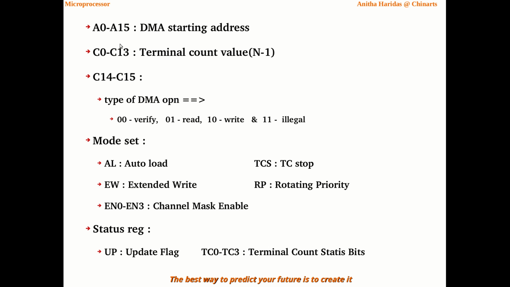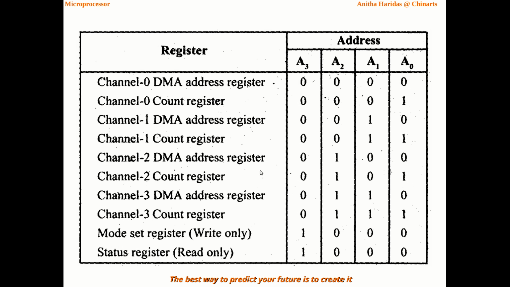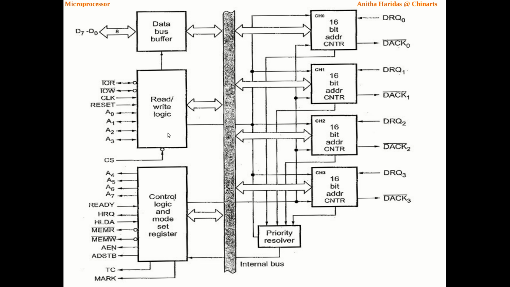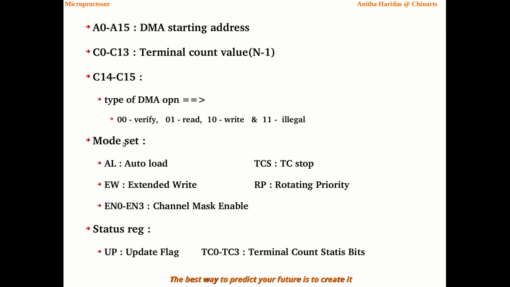Okay. Now, A0 to A3 is used for selecting the registers. So these are the registers available. Which register is selected will be specified here, right? Once the register is selected, the DMA starting address can be moved in, from A0 to A15. This is a 16-bit address register.